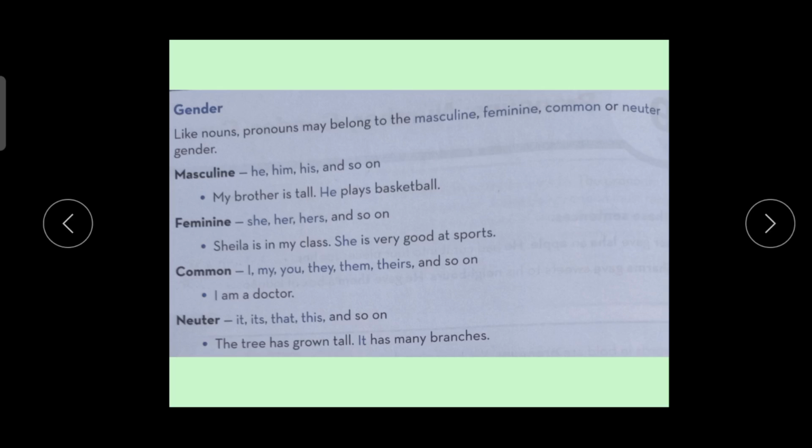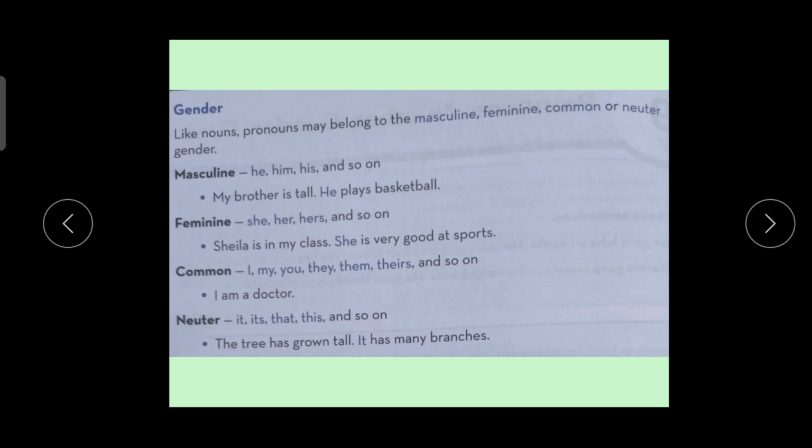Common gender: I, my, you, they, them, theirs, and so on. If we talk about the common gender, dear students, we can use the pronouns I, my, you, they, them, theirs, and we, our, ours, and us. All these pronouns can be used for both a masculine gender or a feminine gender. Isn't it?